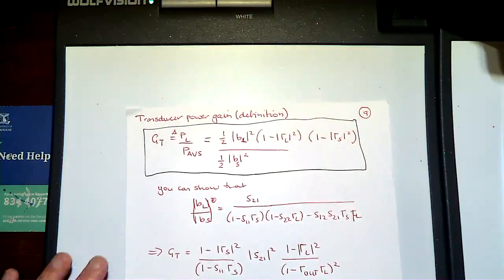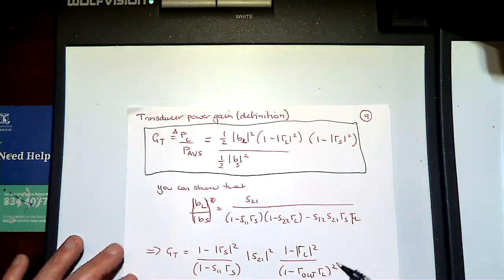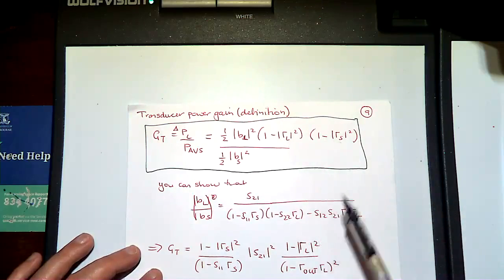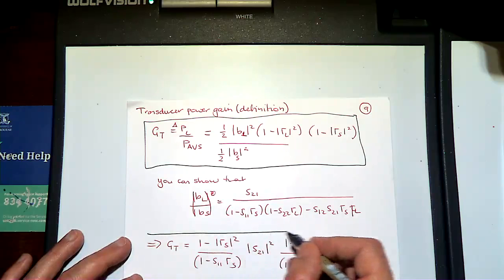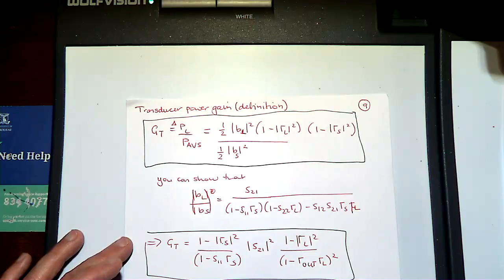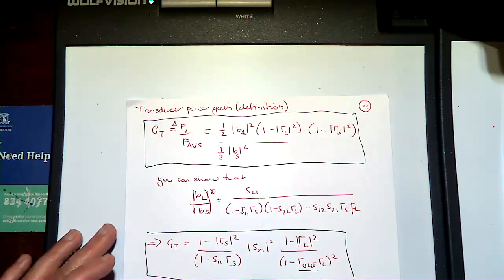And you can also rewrite this formula not only in terms of the load, you can rewrite this formula in terms of the source reflection coefficient, the load reflection coefficient and the output reflection coefficient.